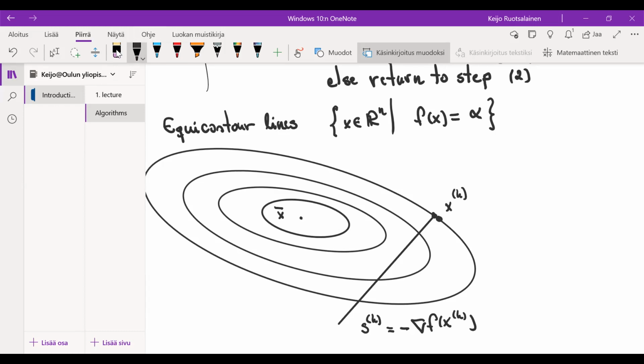But then, for example, in the gradient method, you go just along this line.